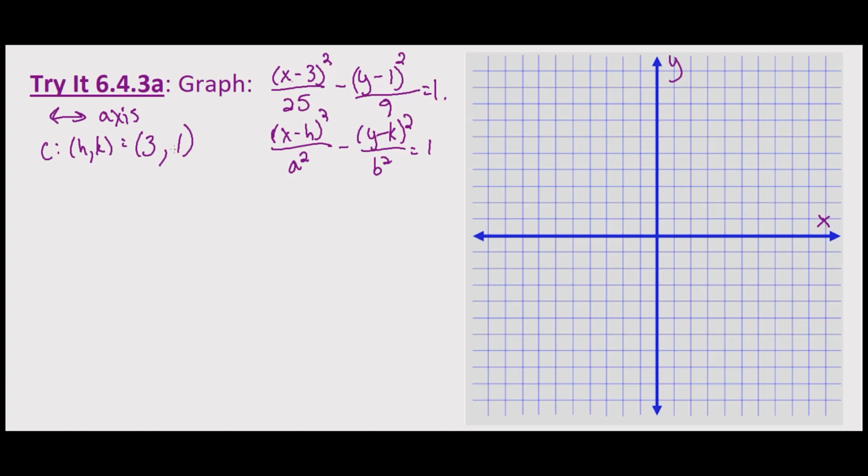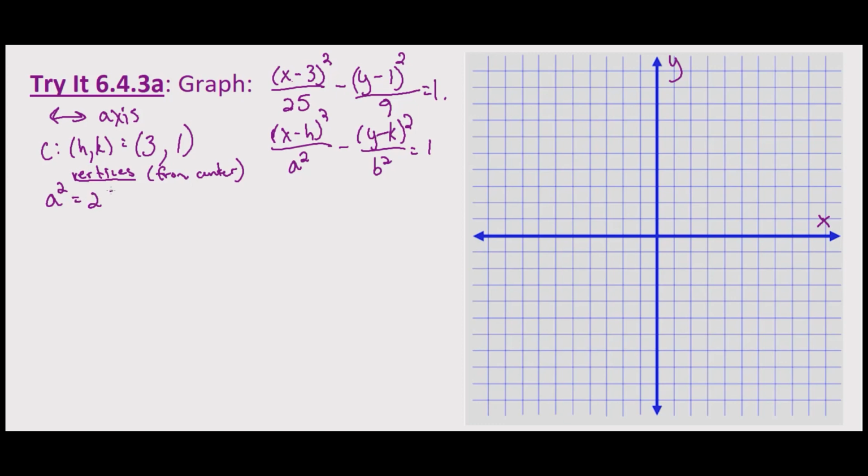We're not going to write down the center just yet, since we're not coming from the origin. 25 is a fairly big value, so we're probably going to have to change our scale because of how big that term is. So let's look at a squared for our vertices, and this is from the center, (3, 1).